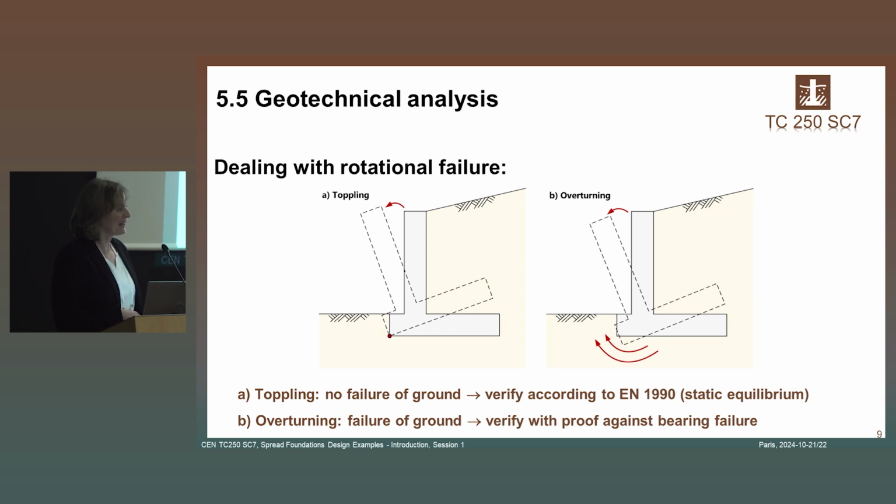But what is regulated there is the second type of failure, where you have a kind of rotational bearing resistance failure, where maybe the soil moves in this direction but is concentrated more or less below the front edge of the footing, and this is called overturning, and this needs to be verified together with the bearing resistance proof. So this is one proof, let's say.